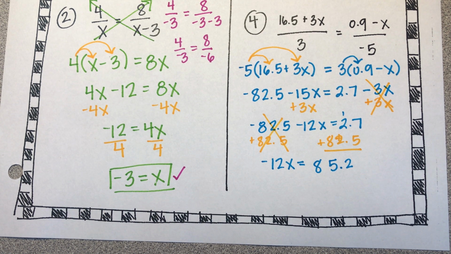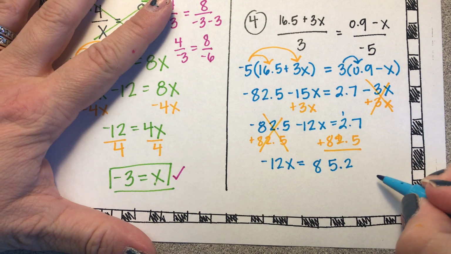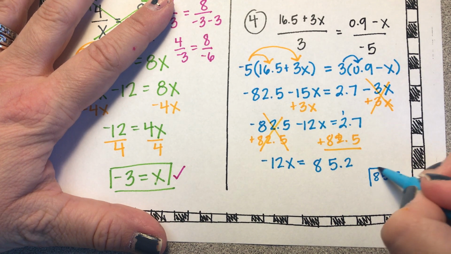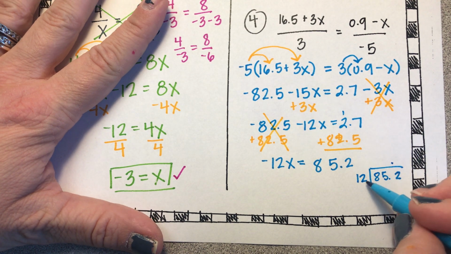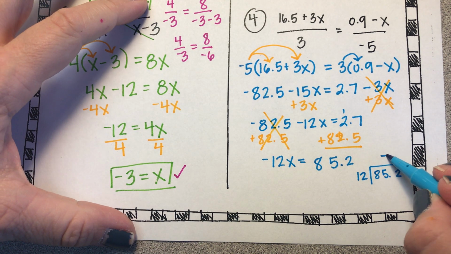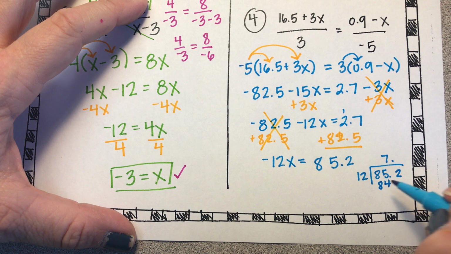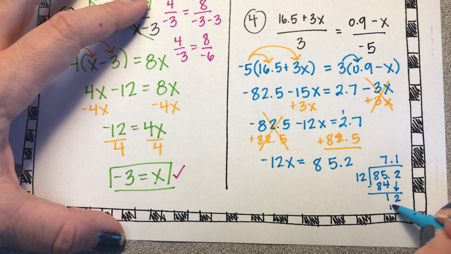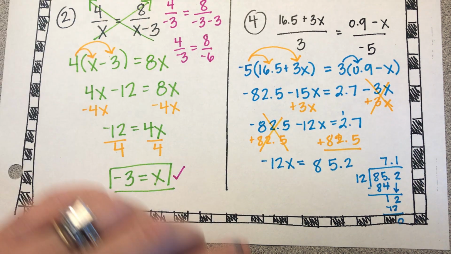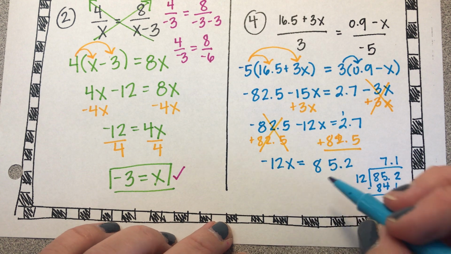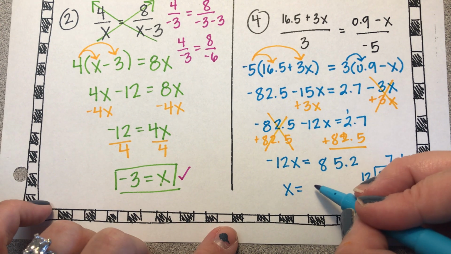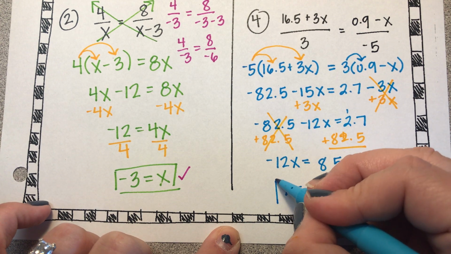So we have to do 85.2 divided by 12. 12 goes into 85 7 times. That's 84. I'm going to subtract, bring down a 2. 12 goes into 12 once, and that's done. So I was dividing it by negative. So 85.2 divided by negative 12 is negative 7.1.